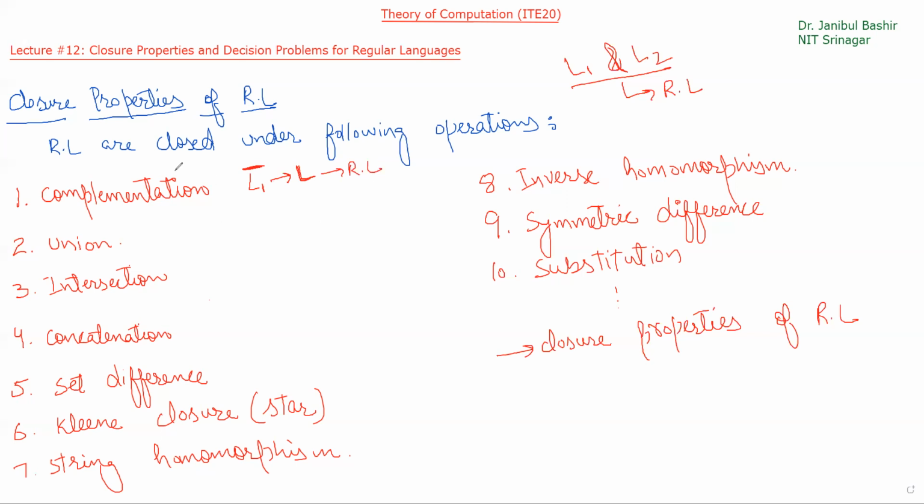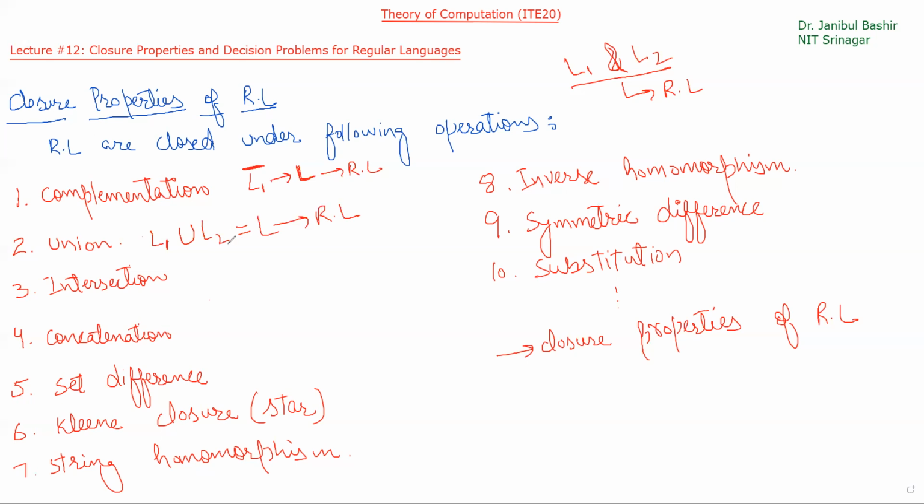Okay, then only we will say that regular languages are closed under complementation. Likewise, if I have union and I am saying that union is a closure property, that means if I have two regular languages and I do a union, the new language that I will get will also be a regular language.